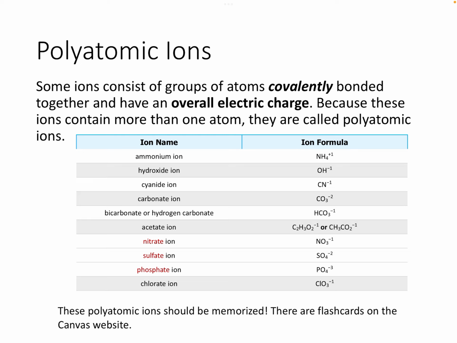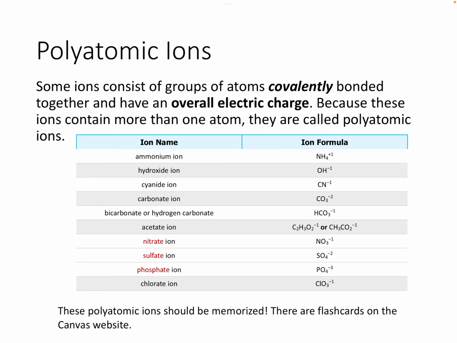But some ions can consist of multiple atoms, and then those multiple atoms have an overall charge. So what's really happening is those groups of atoms are covalently bonded. So they're sharing electrons with each other, but they have an overall charge.